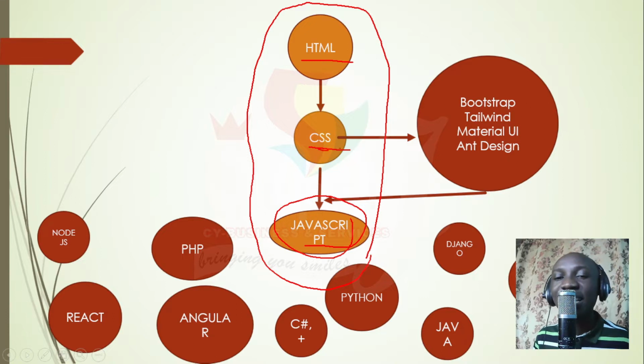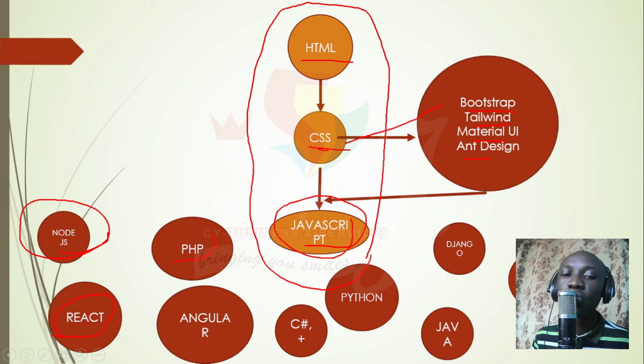Even with CSS, somebody can choose to learn Bootstrap, another Tailwind, another Material UI, another Ant Design. There are a whole lot of plugins and frameworks for interface customization. Aside from that, we have Node.js and React.js, which are built out of JavaScript.